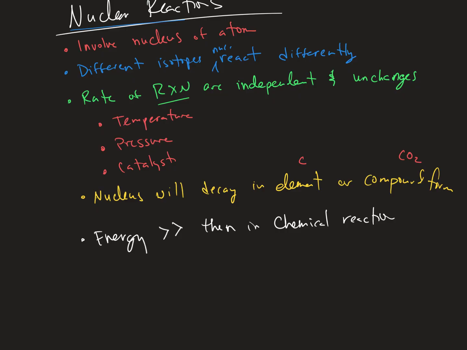We get exothermic reactions in a chemical reaction, but the exothermic in a nuclear reaction is much, much more energy, more heat produced. Good? Any questions on the difference between nuclear and chemical reactions?